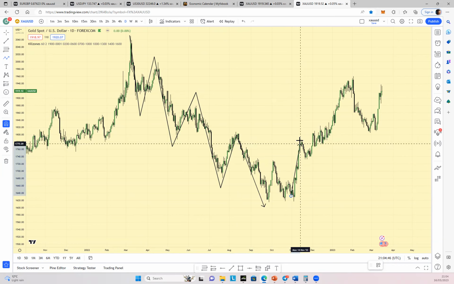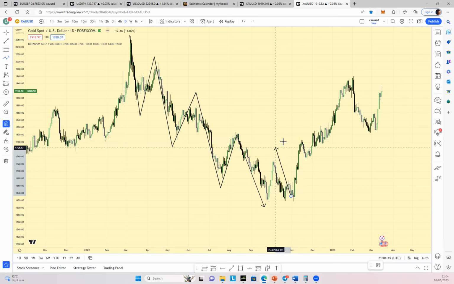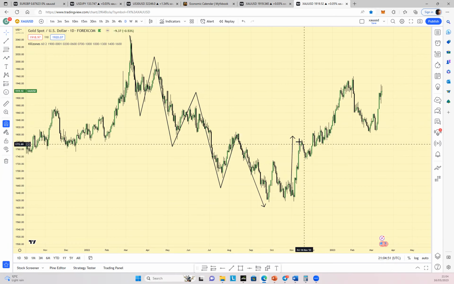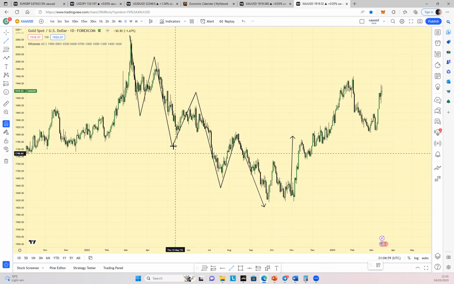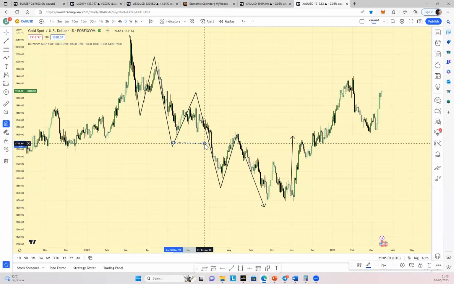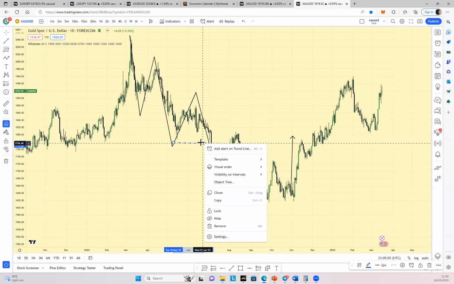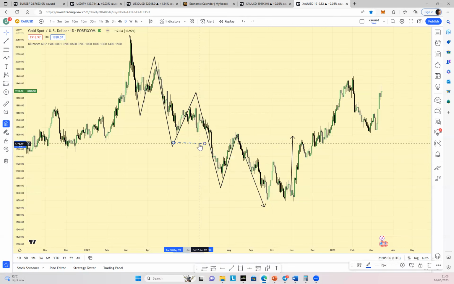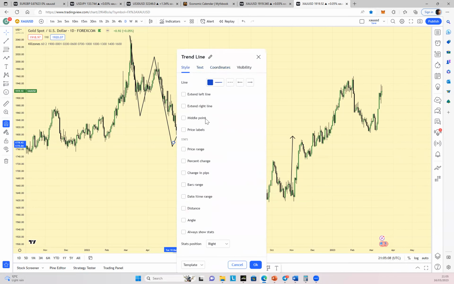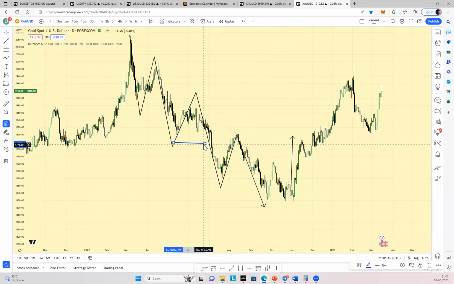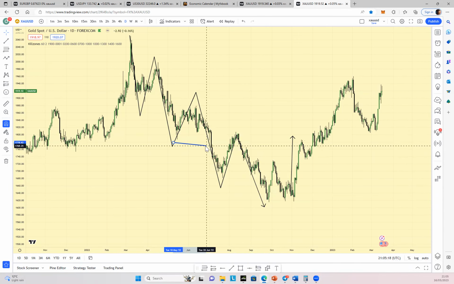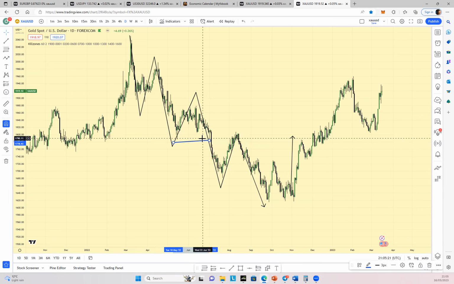Now, I will not say that this, you see this line? You know, when I talk about break of structure, yeah? I need to change this because it's getting on my nerves. I can't keep it straight, but whatever.